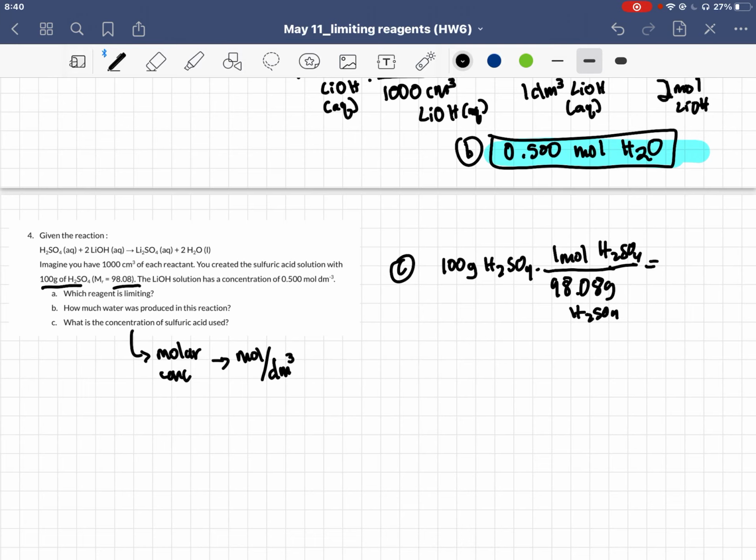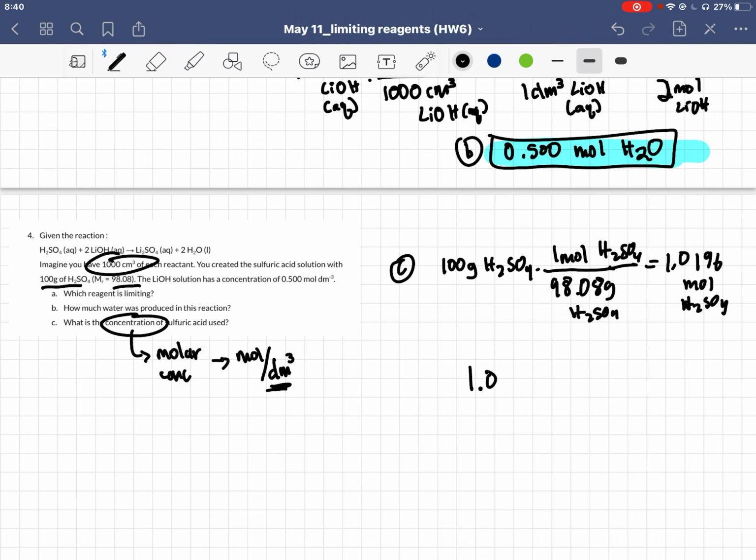Let me put this in my calculator. Equals 1.0196 moles of H2SO4. And now, in order to find concentration, I need to put it over the volume, which in this case was 1,000 cubic centimeters.